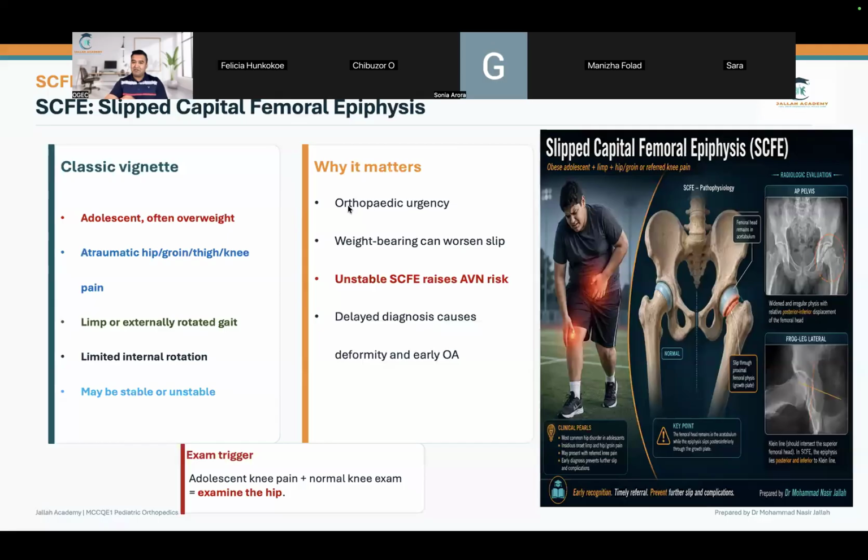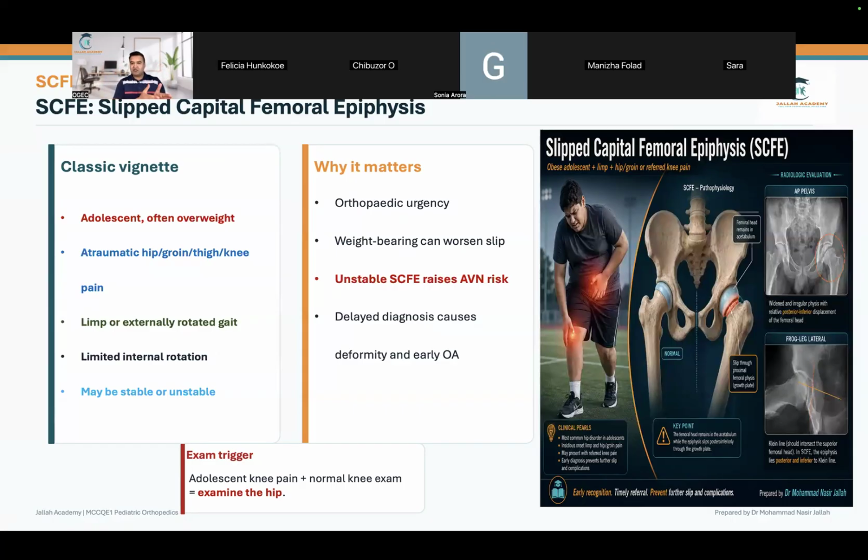Remember, they might mention the child is overweight, or they may indirectly give you the BMI, which is above normal, or they give you, for example, he is 5 foot but about 80 kg, something like that, so you can tell that the patient is overweight.